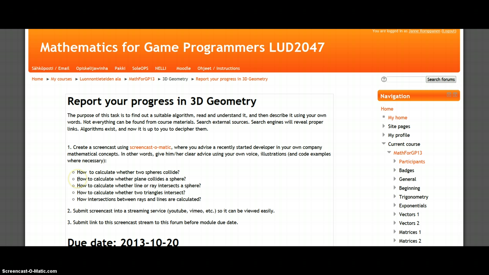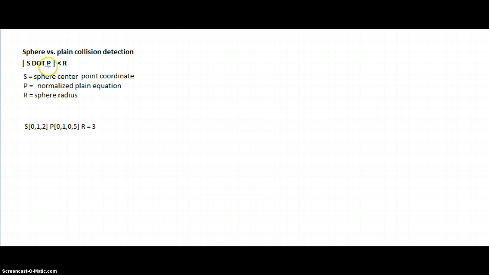Okay, the next question is how to calculate whether a plane collides with a sphere. I have this formula here, which is used for collision detection for a sphere and a plane. S means the sphere's center point coordinate, P means the normalized plane equation, and R means the sphere's radius.